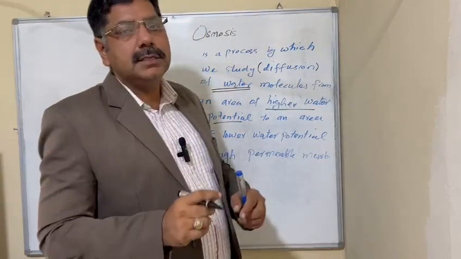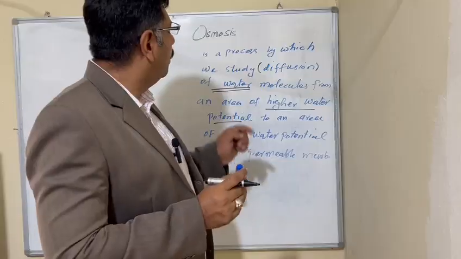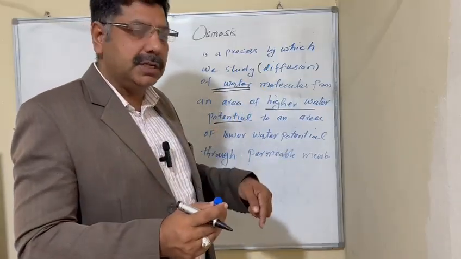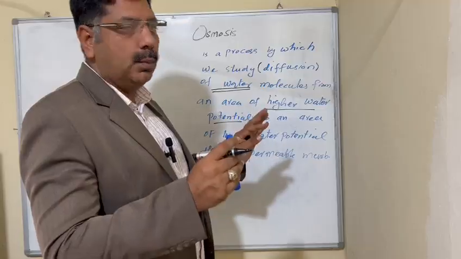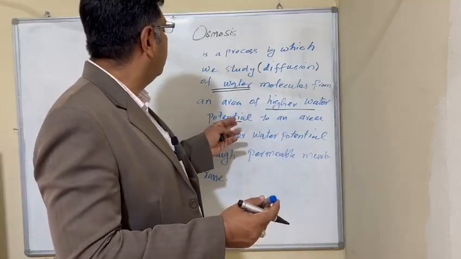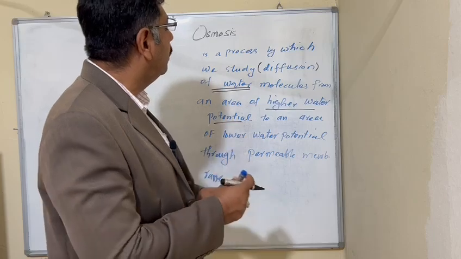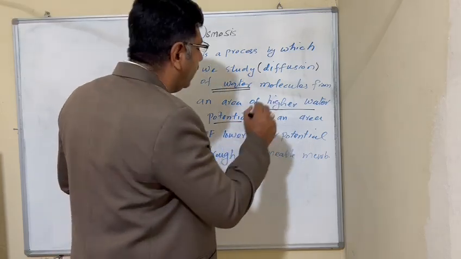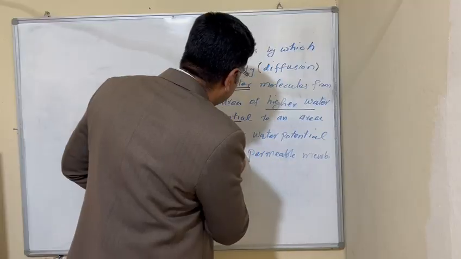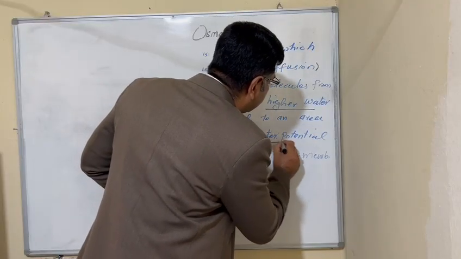In diffusion, we said from an area of higher concentration, but here, with water potential, a gradient is established. So from an area of higher water potential to an area of lower water potential.